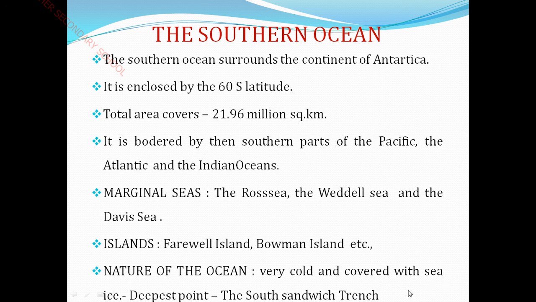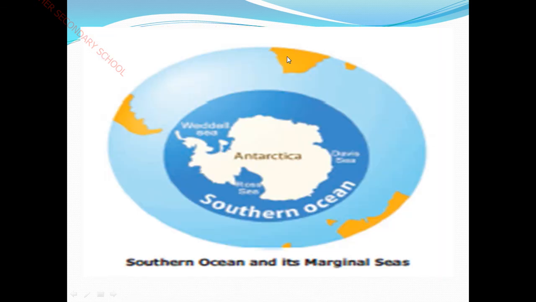So the South Sandwich Trench is the deepest point in the Southern Ocean. See, this is a picture of Antarctica. The Southern Ocean is covered by the marginal seas of the Ross Sea, Davis Sea and Weddell Sea.